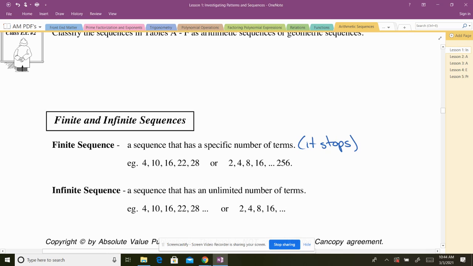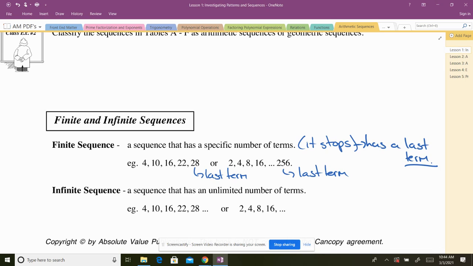It has a last term. The sequence ends, essentially. In the first one, the last term is 28. In the second one, the last term is 256.